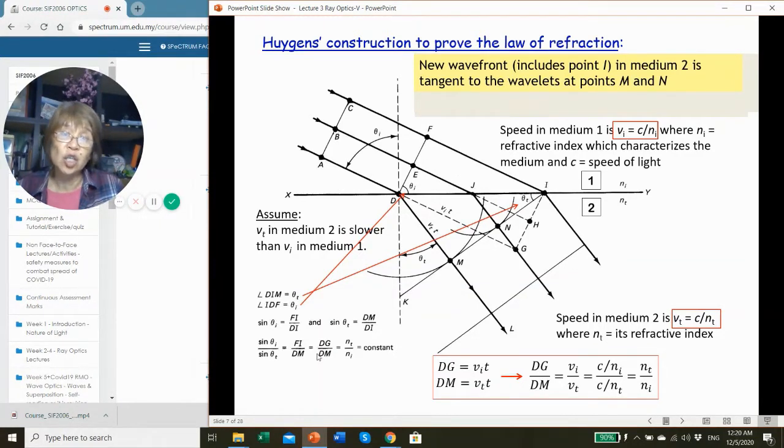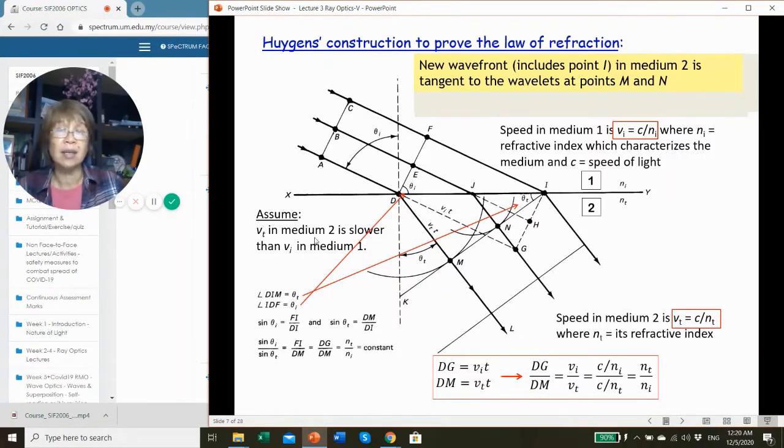So we have DG over DM. And we already worked out earlier that DG over DM is actually equal to nt over ni. So there we have ni sin theta I equals nt sin theta t. That will be Snell's law.